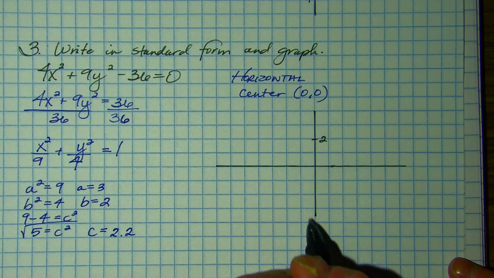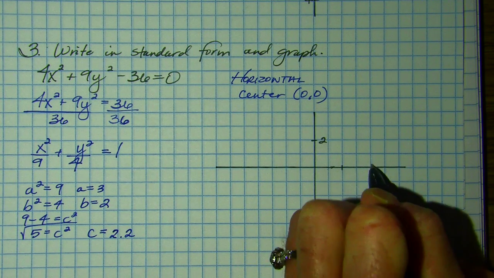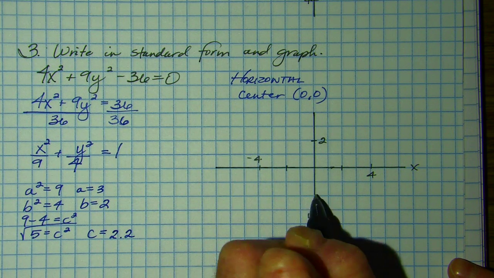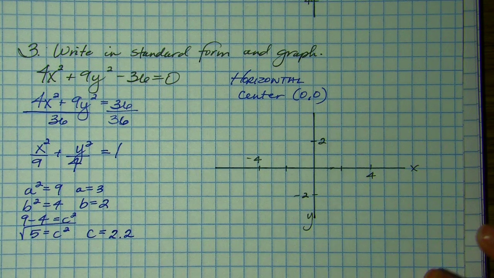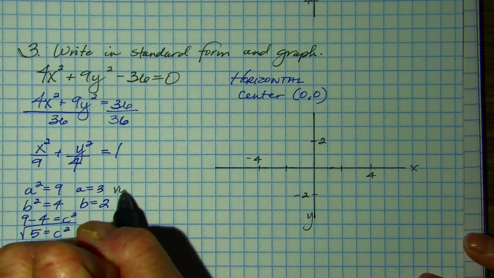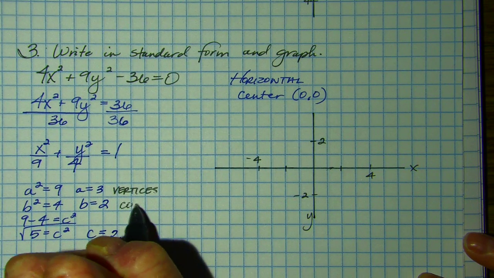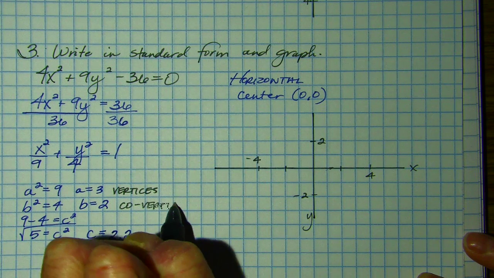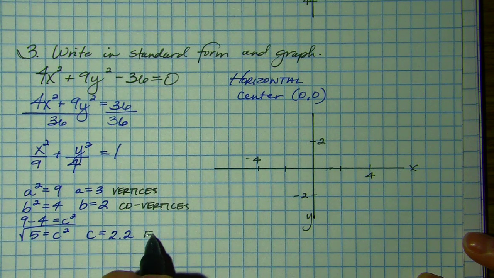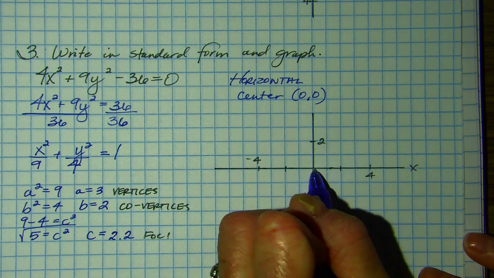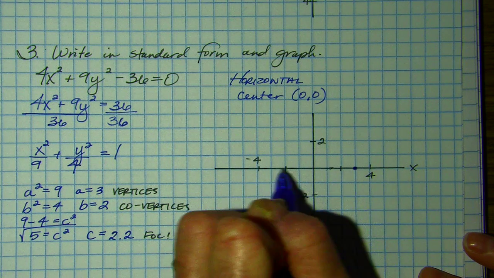So here's y, here's x. I'm going to go ahead and label this. This is my vertices. These are my co-vertices. And these are my foci. So starting at the center, I'm going to go 3 in each direction.